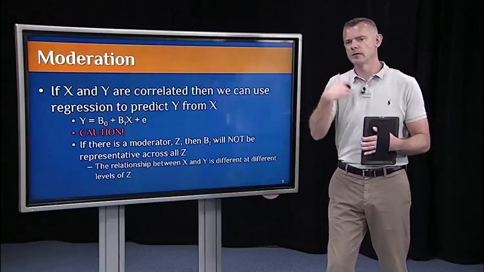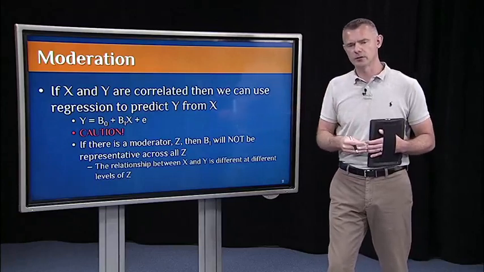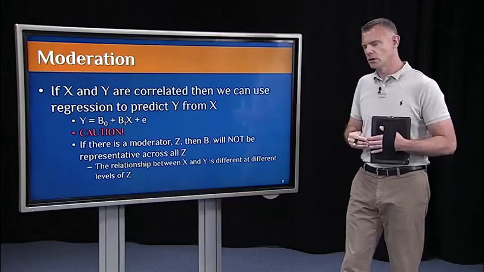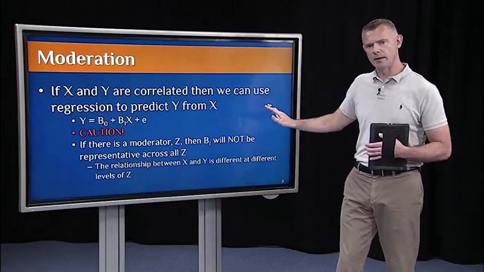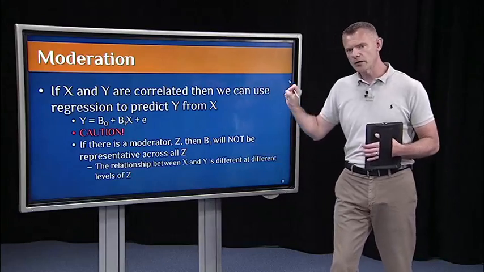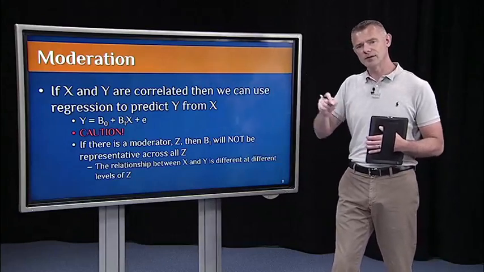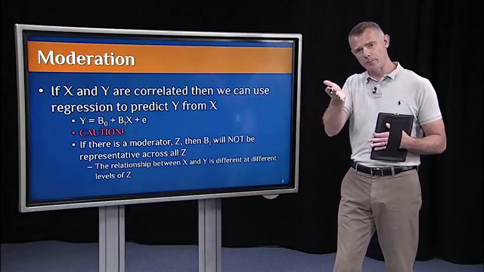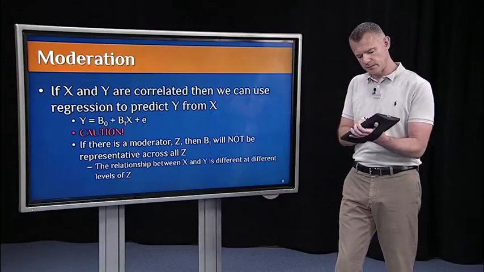It's always possible that there's a moderator variable out there that the researchers didn't test, right? So always bear that in mind, that the regression coefficient relating X to Y represents the relationship for that sample and only for the variables tested.